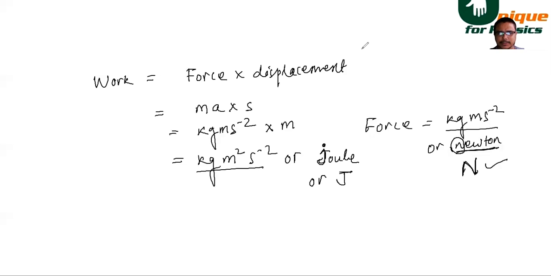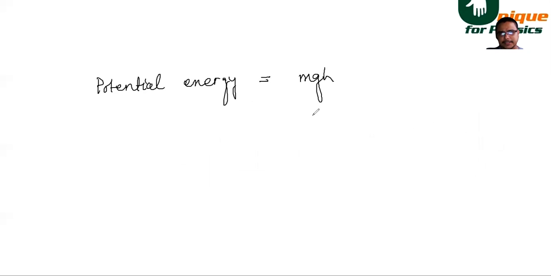Now after this, we can have more. For example, suppose somebody says potential energy as a physical quantity. The formula is mgh. Potential energy, kinetic energy, any energy and work, they are dimensionally the same thing.